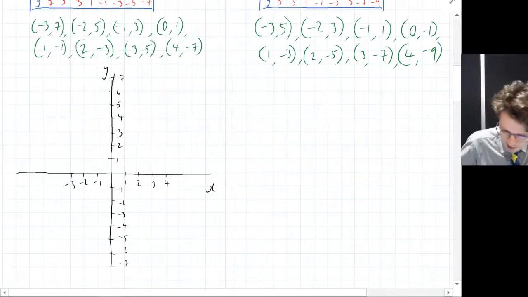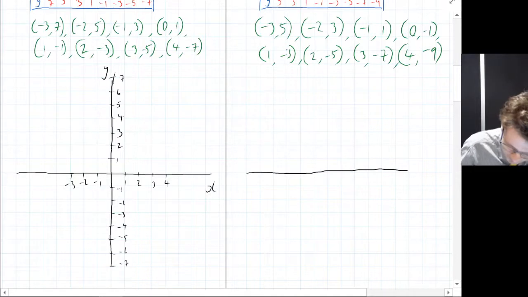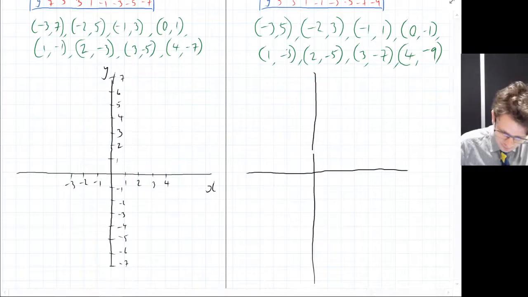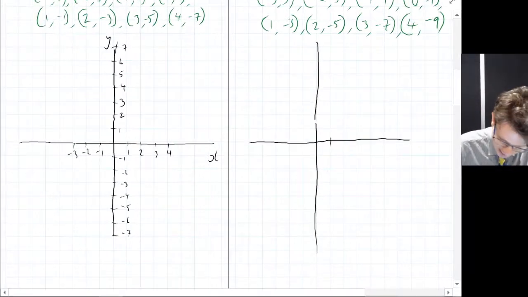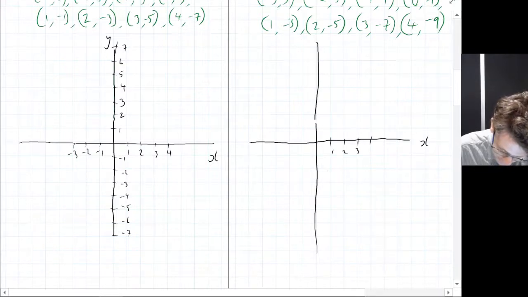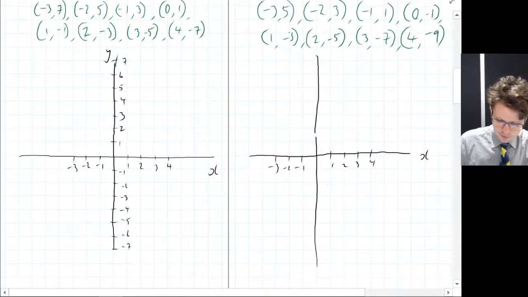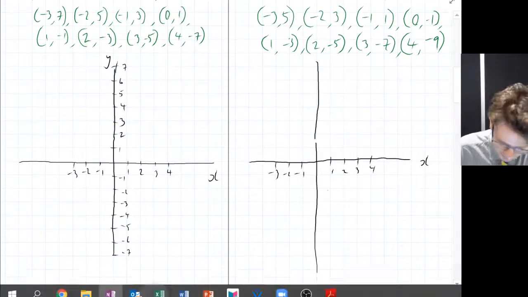Alrighty, well your x-axis is pretty good. Can be exactly the same as mine. Y-axis is going to probably have to be a little bit different. So, let's just do the x-axis first because it's nice and easy. 1, 2, 3, 4, negative 1, negative 2, negative 3. Alrighty, let's do the vertical now.